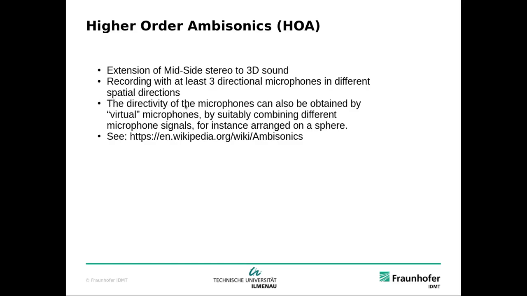So the directivity of the microphones can also be obtained by virtual microphones by suitably combining different microphone signals, for instance arranged on a sphere. So if you have a sphere, say 10-20 centimeters in diameter, and you place many microphones on its surface, and then you combine them like sums and differences, you get different virtual characteristics by this combining, and this also leads to a form of ambisonics, which you can also see here in this link.